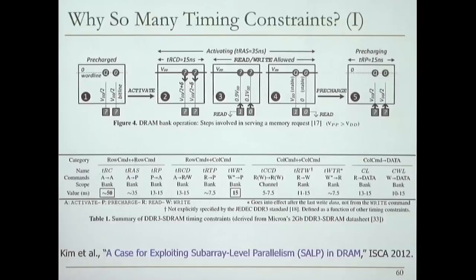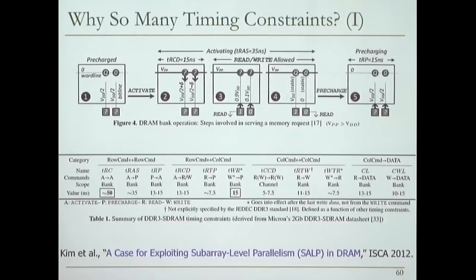It's not displayed over here, but for example, TRC is really the combination of TRAS and TRP. Basically, TRC is: you have an activate, when can you do the next activate to the same bank without losing data? So it's really TRAS plus TRP.